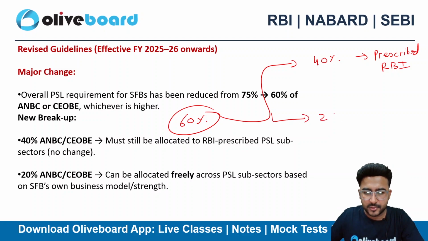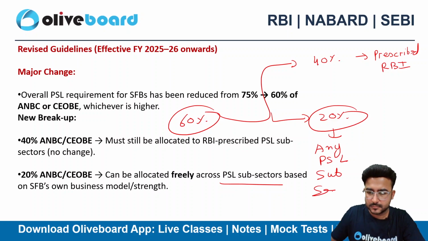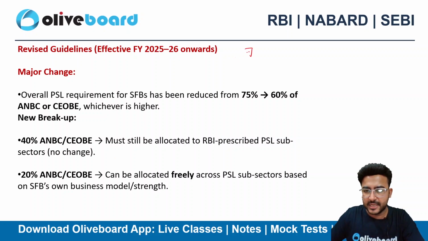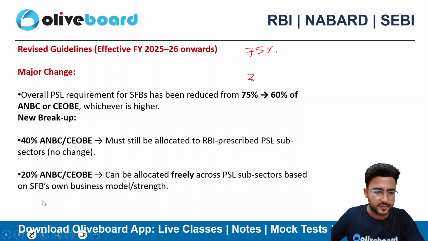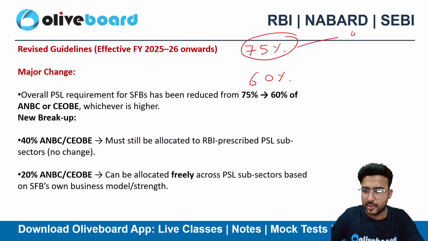The rest of the 20% can be freely allocated to any PSL subsector, right? So what is the change basically? Earlier there used to be a 75% requirement. Now there is a 60% requirement instead of 75%. In that 75%, we earlier needed to allocate 40-35. Now the new limit is 40-20.